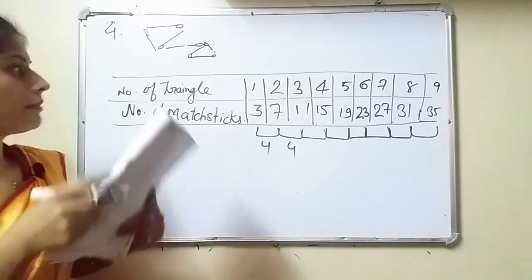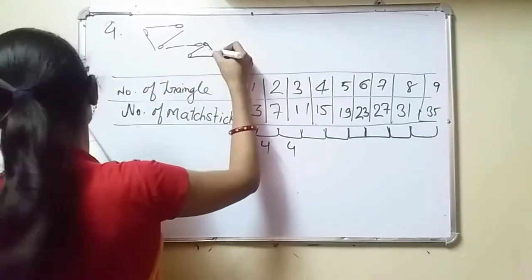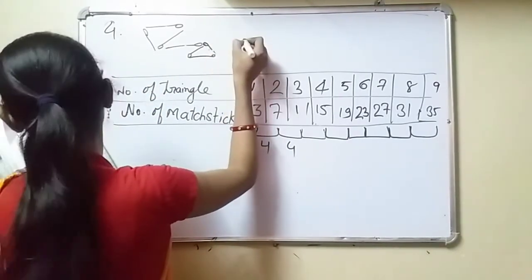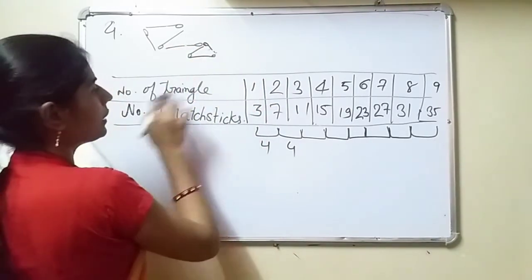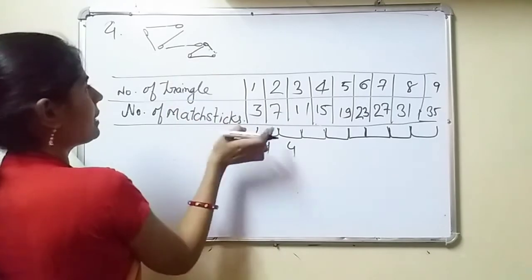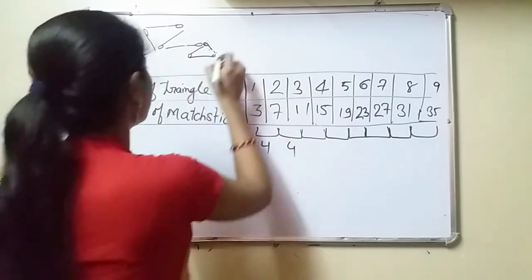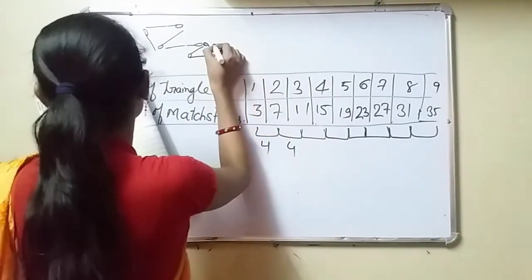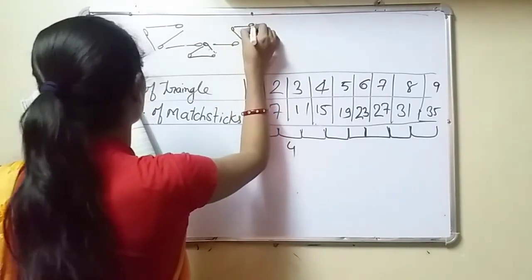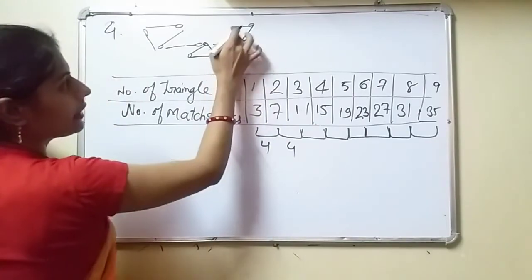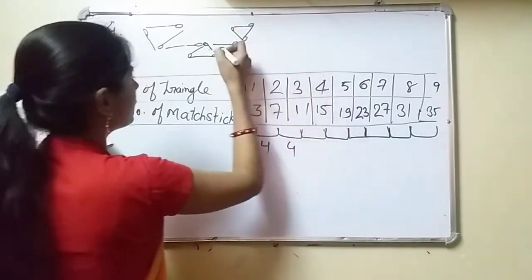Okay. Now see, I will explain by this method also. For one triangle you got 3 matchsticks. For 2 triangles, 7. Then 8, 9, 10, 11.